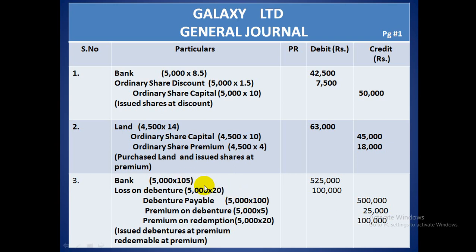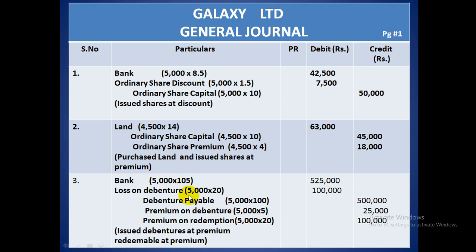105 is the amount for which the debentures are issued. 5 rupees is the premium on issuance of debenture, and because debentures will be redeemed for rupees 120, so loss on debenture and premium payable on redemption is to be debited and credited with this 20 rupees multiplied by number of debentures.